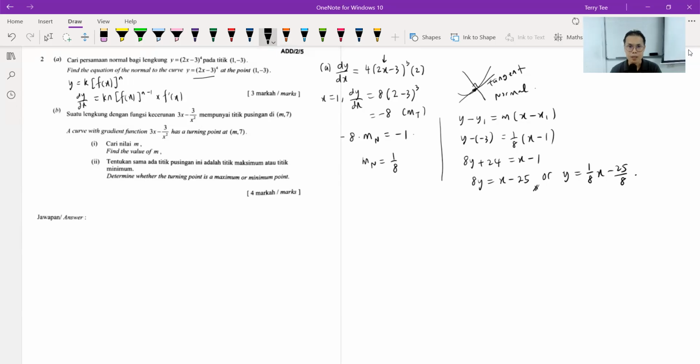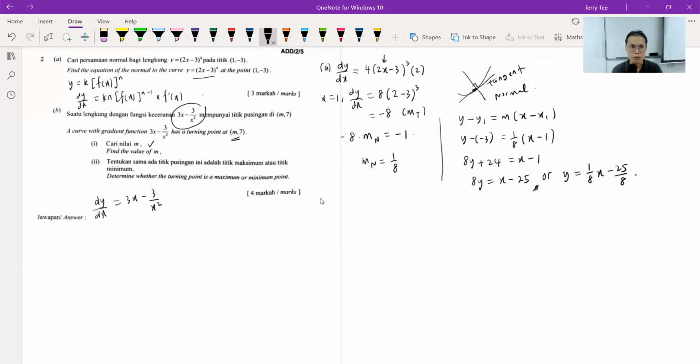All right. Now, what we're going to do over here, I am finding the value of m given the gradient function of this. Now, it's unrelated to the first one. When you're given a gradient function, that means your dy/dx is 3x minus 3 over x squared. You're supposed to find the value of m given that it has a turning point at (m, 7).